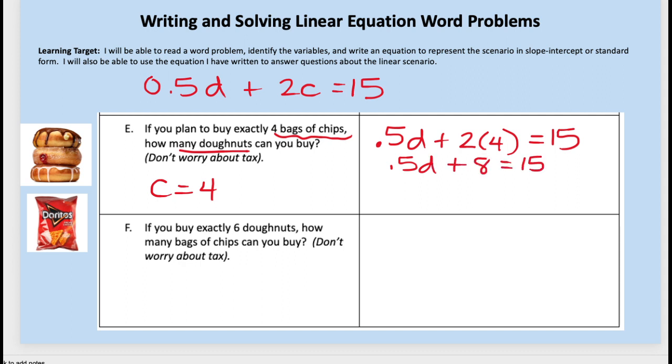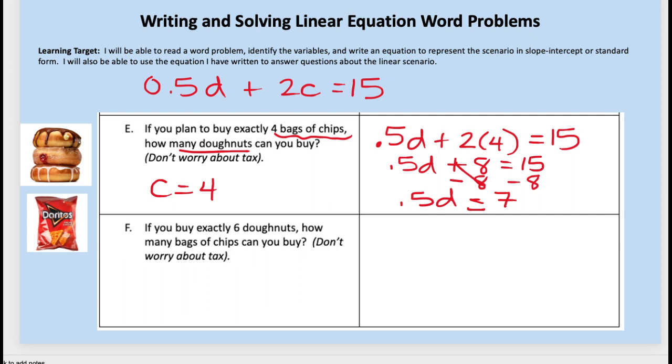I'm going to subtract the 8 from both sides. 8 minus 8 is 0. 15 minus 8 is 7. So now I have 0.5D, that's supposed to be an equal sign, by the way, is equal to 7.